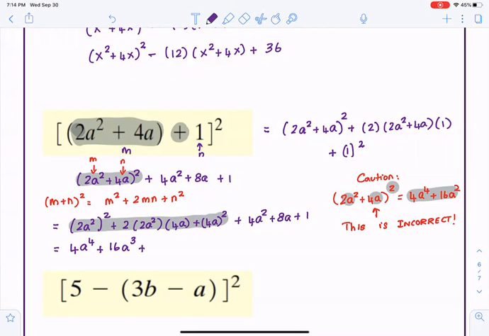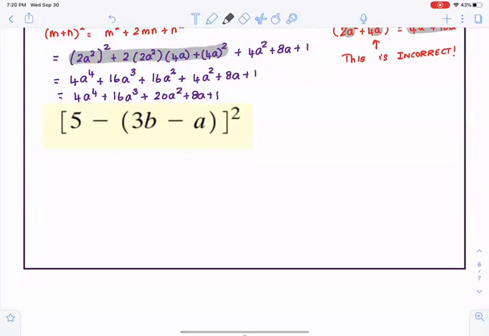Plus 16, because it's 4 squared, 16A squared, plus 4A squared, plus 8A plus 1. Now we try to simplify. Well, there isn't another A raised 4 term, so we simply have 4A raised 4 plus 16A cubed. We don't have another A cubed term. We can combine 16A squared and 4A squared to get 20A squared plus 8A plus 1. And that would be the final answer.